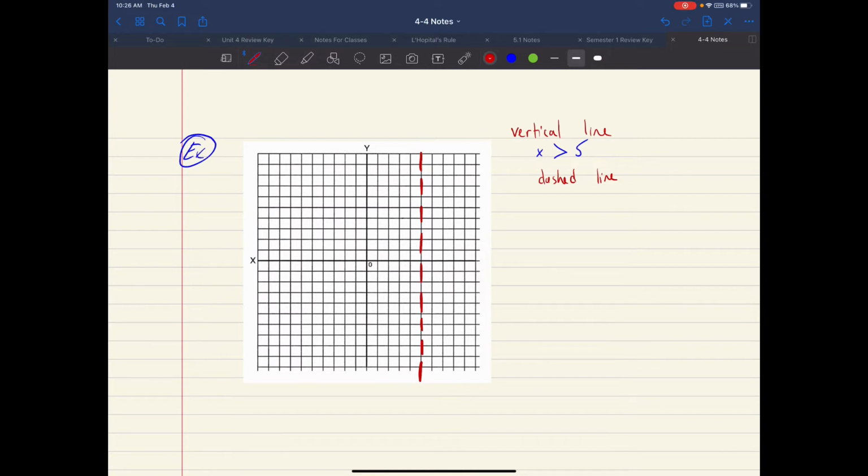So which side has values greater than 5? Well, that's on the right. So I'm going to shade on the right of this. So I'm shading this region. I crossed the line, didn't mean to do that. So that is a vertical line.